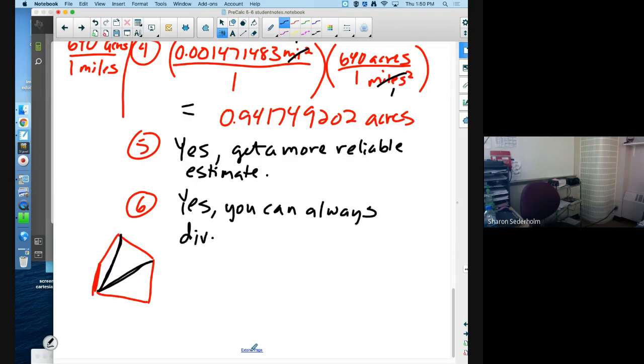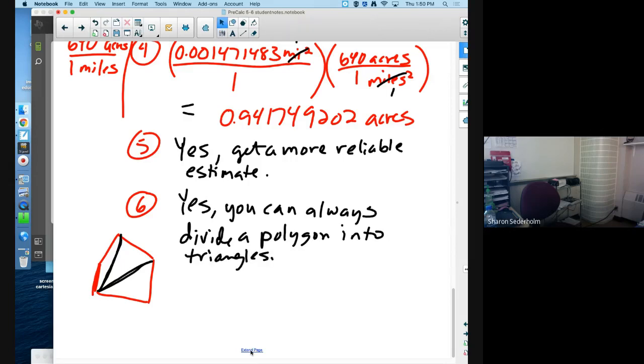you could always divide a polygon into triangles. But like we said, if you're going to talk about land and you want to make sure that you are getting the land that is being advertised, it's not somebody that you can normally trust.